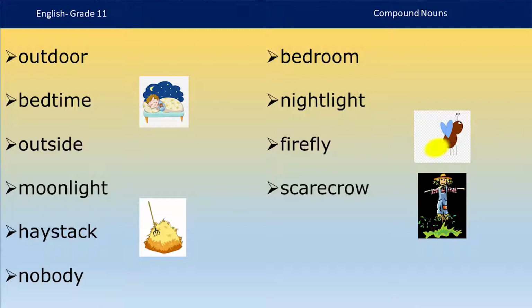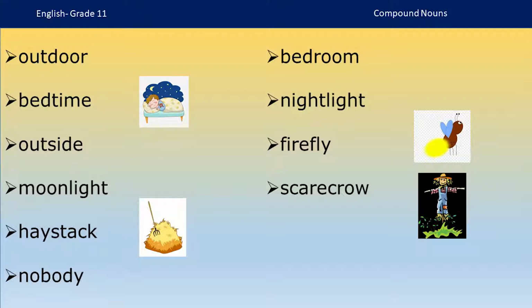Now children, I want you to identify something that is very similar in all these words. Can you identify something that is similar in all these words? Okay, just take a minute and think for yourself.